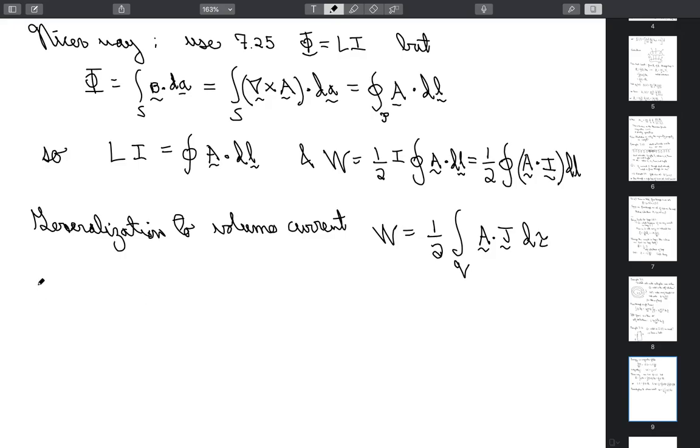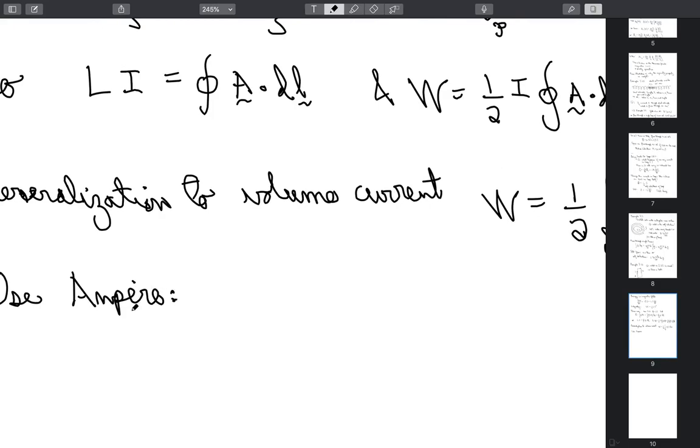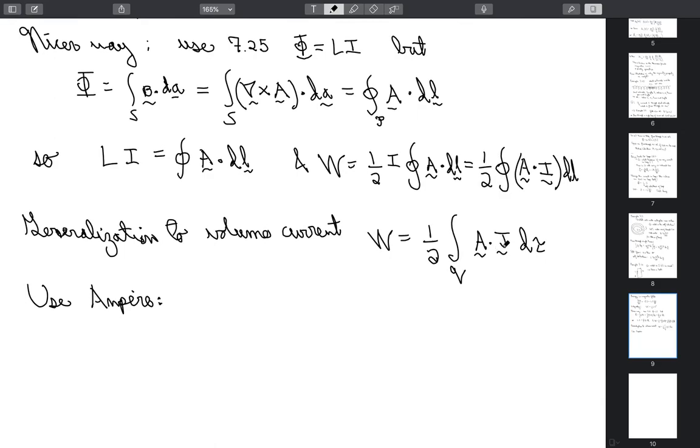Now, I can use Ampere's law to replace J by 1 over mu 0 times the curl of B. So we have the integral over my volume of A dotted into the curl of B, times d tau.